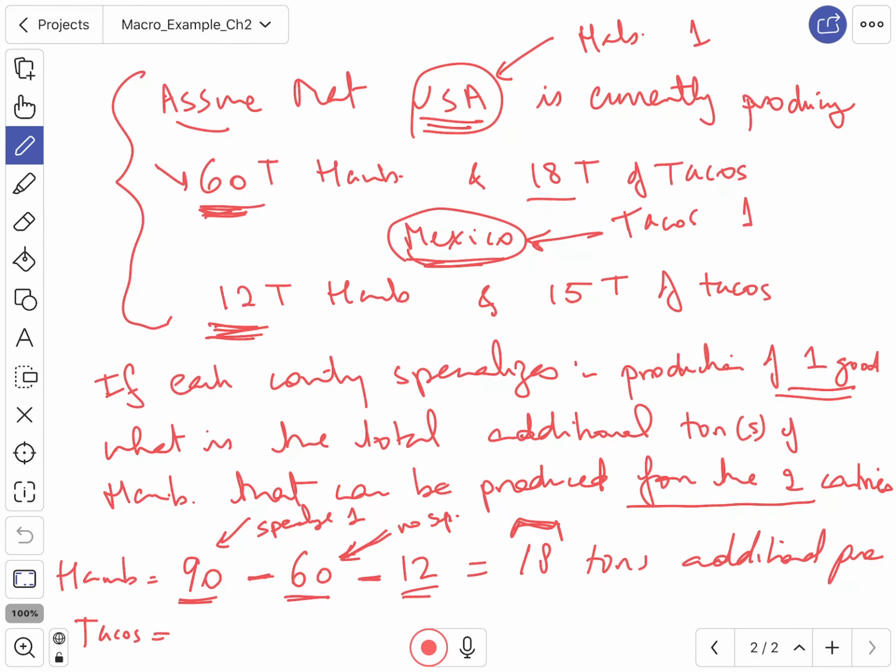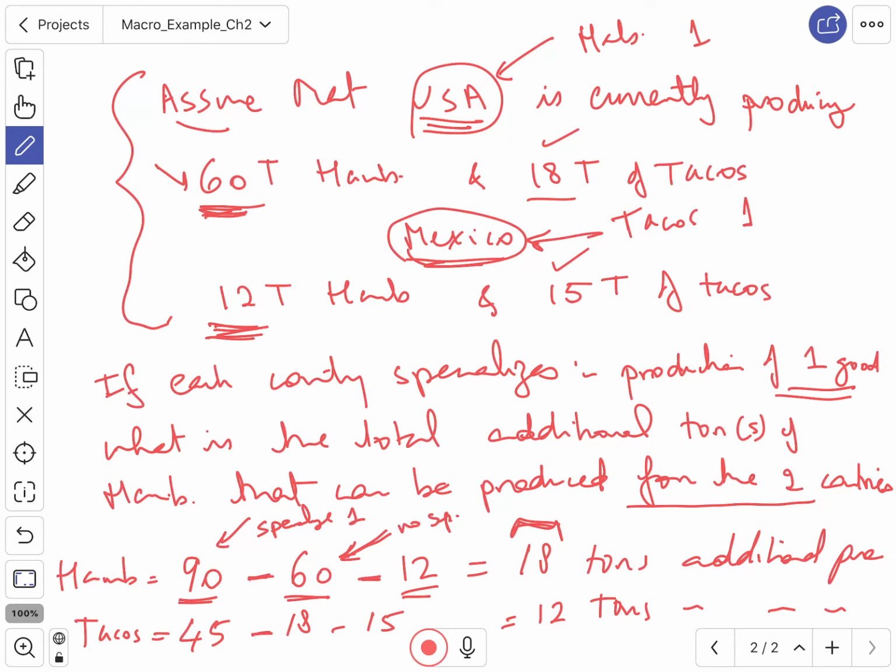So after specialization, this number is going to be 45, minus how much now the USA is producing and how much now Mexico is producing. So minus 18 and minus 15. So the additional tons is going to be 12 tons of additional production for the two countries.